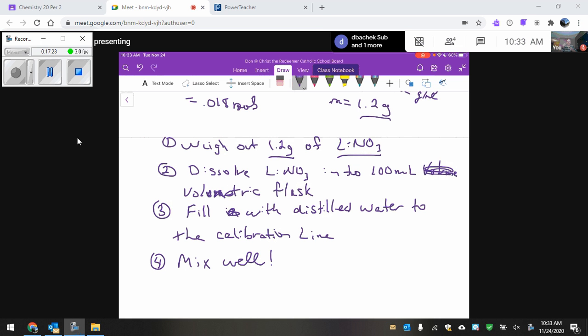Once we know n, we know the molar mass from the compound. We find the mass. That's how much solid we want to use. And that's where we start. So we weigh that out. We put it into the volumetric flask. We fill it to the calibration line. We put that little stopper in the top part, and we shake it up and make sure we dissolve that. Okay. Is that good? Any questions, anyone?